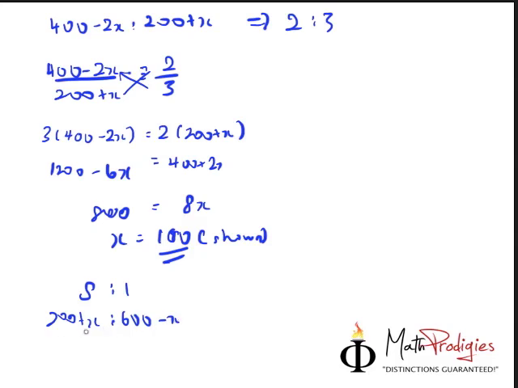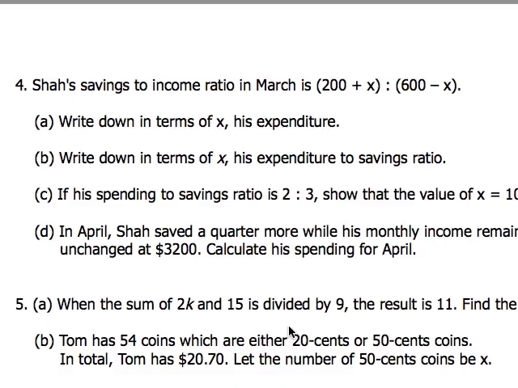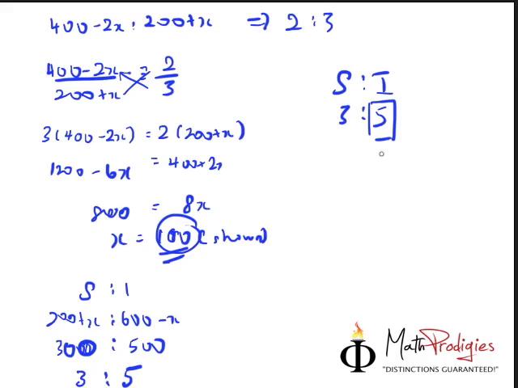So 200 plus 100 is 300, is to 600 minus 100, which is 500. Therefore, the answer is 3:5. So you know the savings to income ratio in March is 3:5. That means for every income, which is 3,200 in this case, calculate his spending for April.